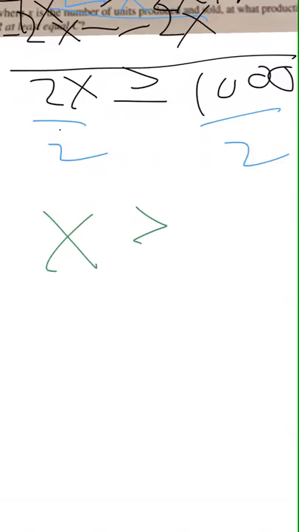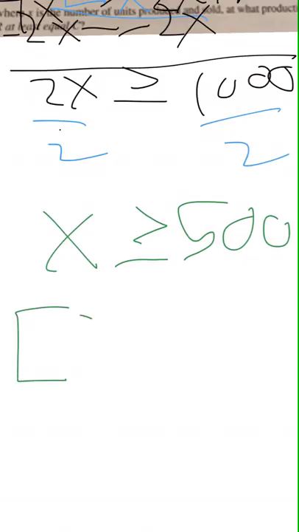So x, the number of units sold, must be greater than or equal to 500 for the revenue to at least equal the cost. So if you want to put this in interval notation, it'd be from 500 to infinity.